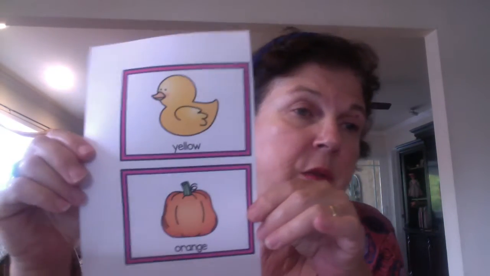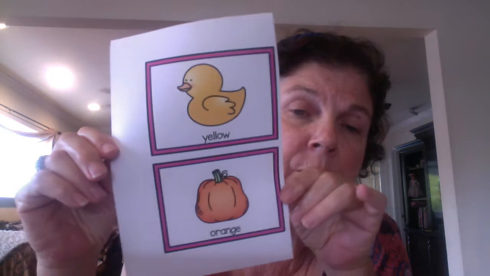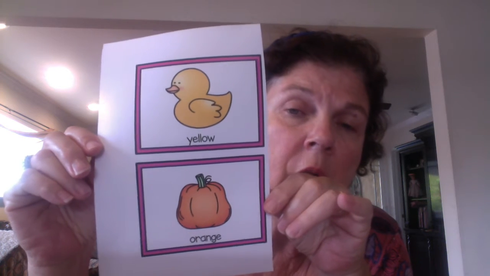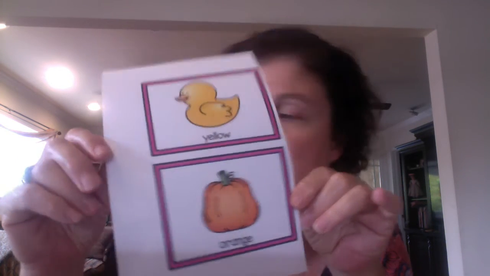So these, yellow and orange, are adjectives that describe the color of something. You might also tell the size of something that you can see, which would also be adjectives.